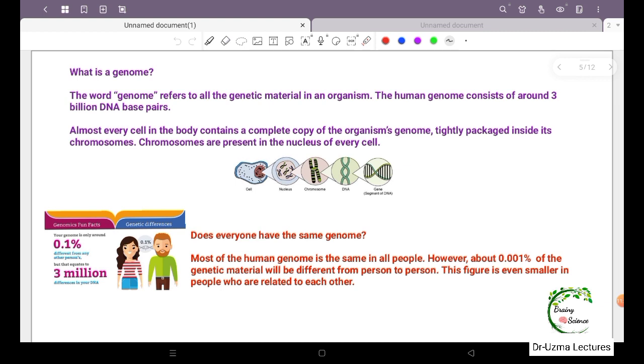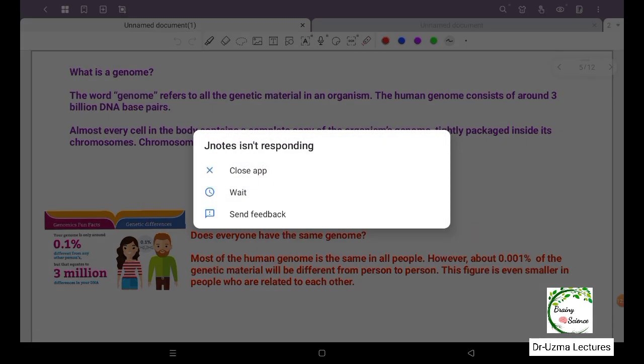But for now, just remember that when two persons, for example brother and sister, are closely related, or cousins, there is a slight difference of 0.001%, but it may vary to 0.01% when we compare with a layman. This is the exact figure, and this is the figure which you need to tell.